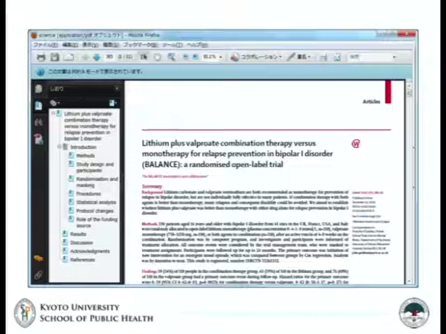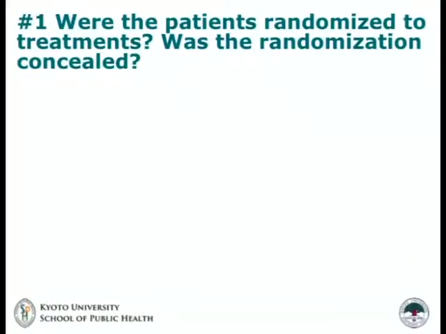So let's see if our evidence candidate, the balanced trial, passes these internal validity checks. Checkpoint number 1. Were the patients randomized to treatments? Those of you who have already tried to critically appraise this article using the critical appraisal worksheet that you downloaded from our homepage, please look at your own answers.